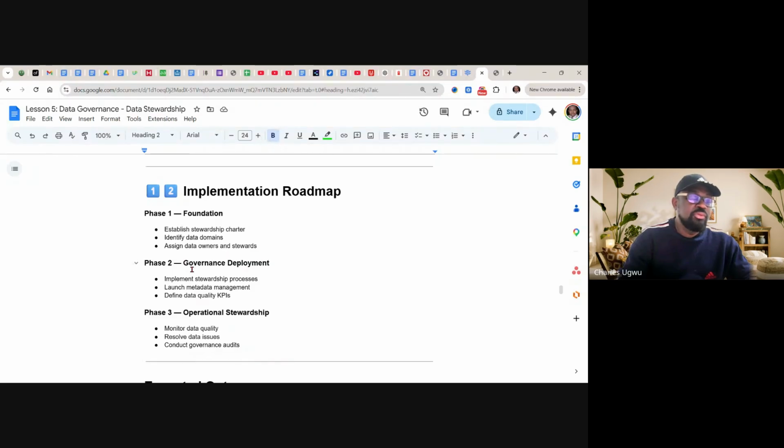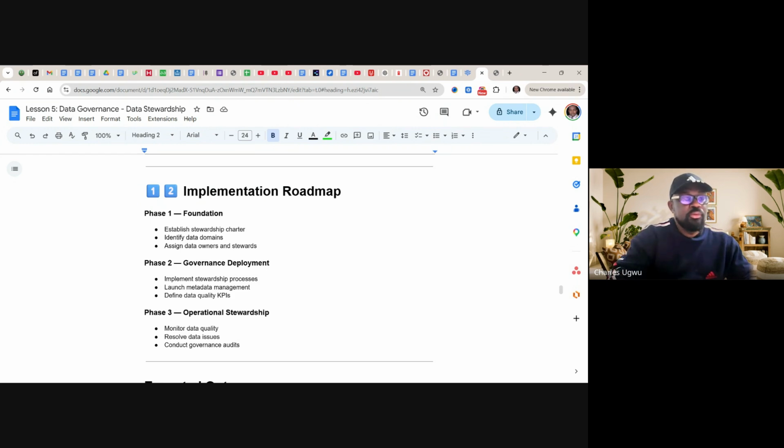Then phase 2, governance deployment: implement stewardship process, launch metadata management, and define data quality KPI. And phase 3, operational stewardship: monitor data quality, resolve data issue, and conduct governance audit.